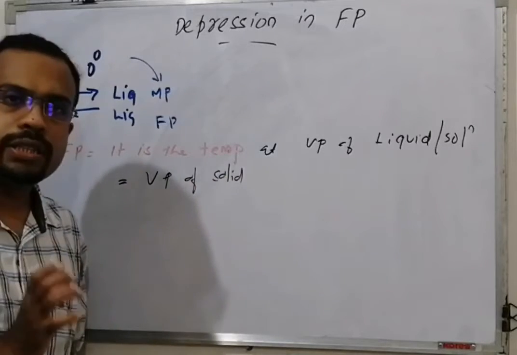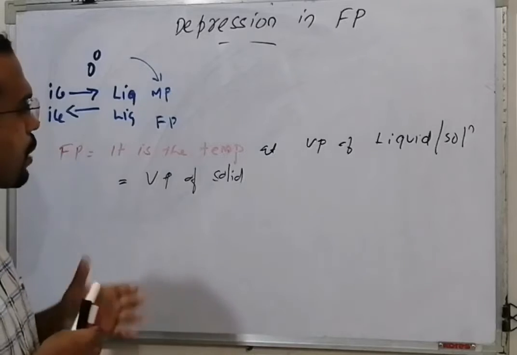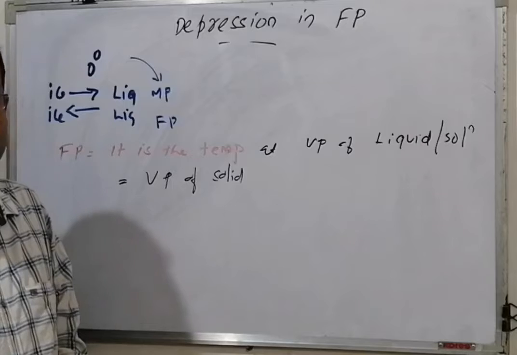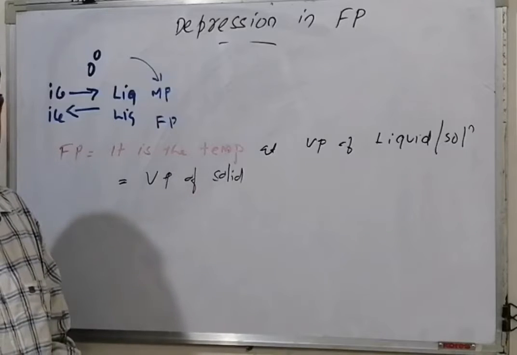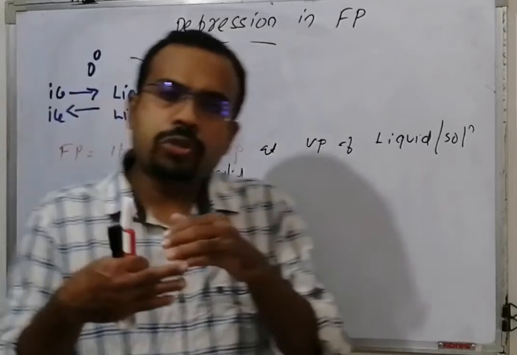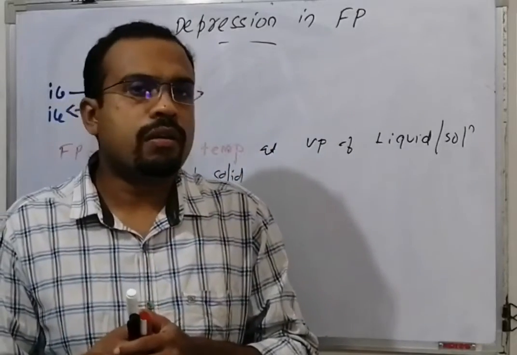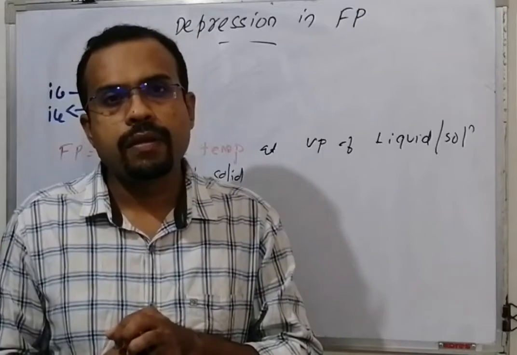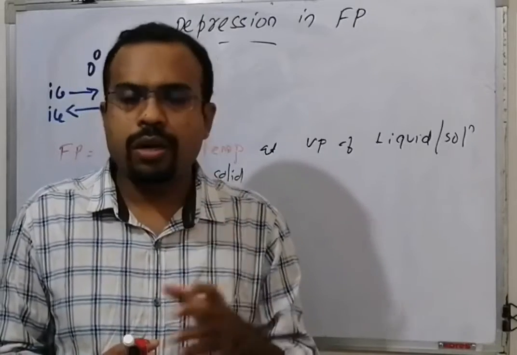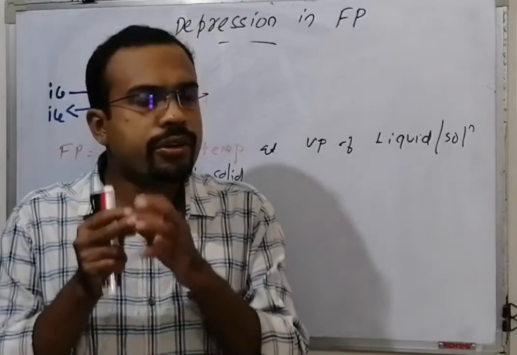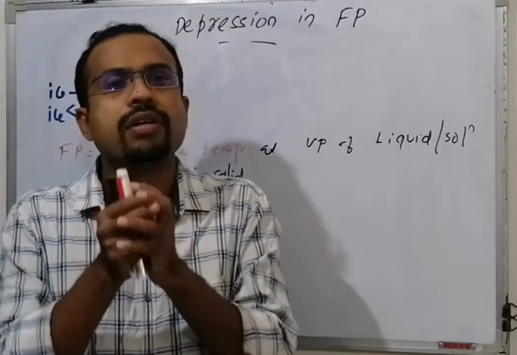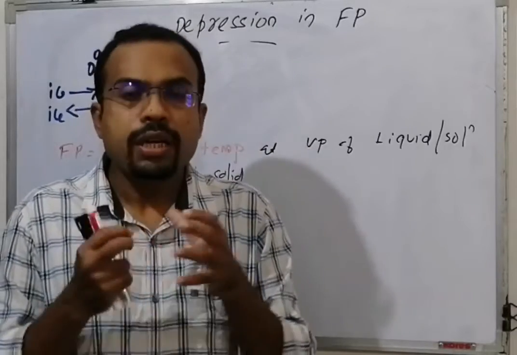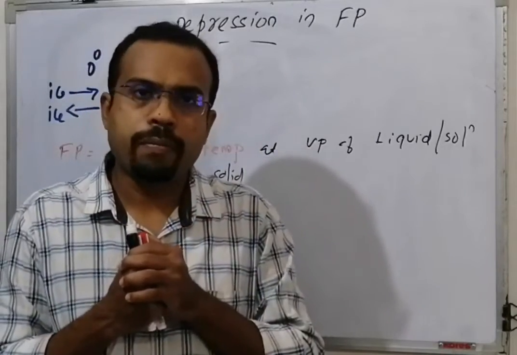Therefore, freezing point is the temperature at which the vapor pressure of liquid and solid are equal. How is it possible? We can express it graphically. It is the temperature at which both have the same vapor pressure. That is, at 0 degree centigrade, the liquid water and ice have the same vapor pressure. Therefore, they are in equilibrium. They coexist in equilibrium. Fine.